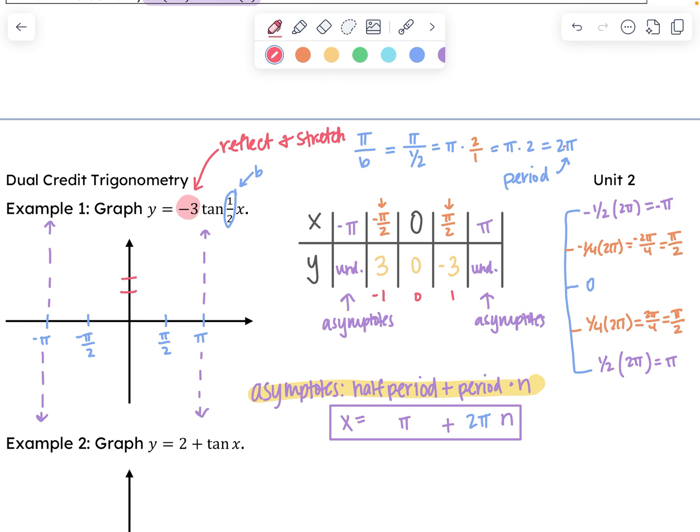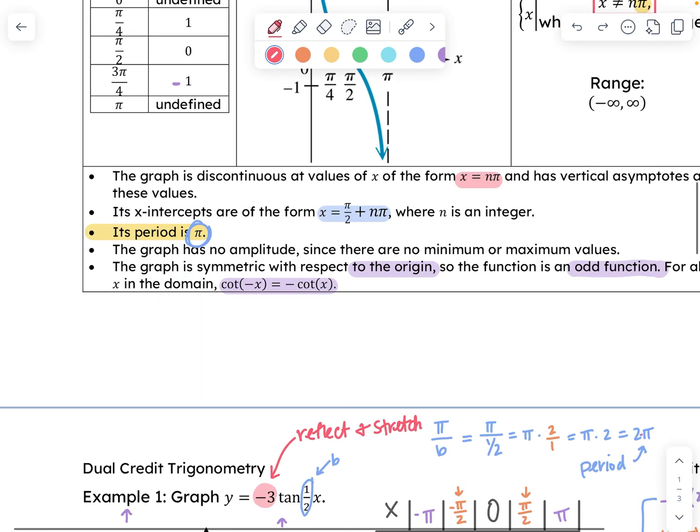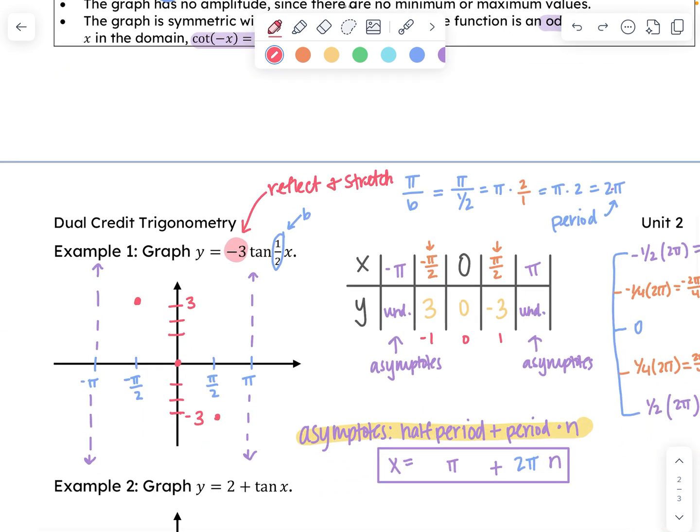And then we go up 3 and down 3. So over here, we're going to be up at 3, 0, and -3, and then I just kind of connect it so that it kind of makes that curved shape. So kind of looks like this.